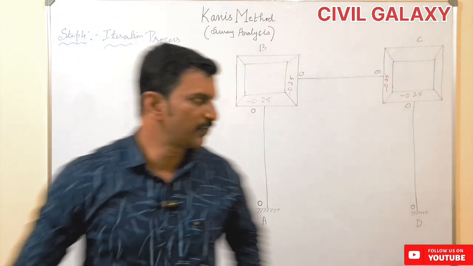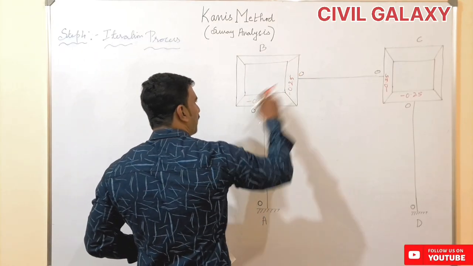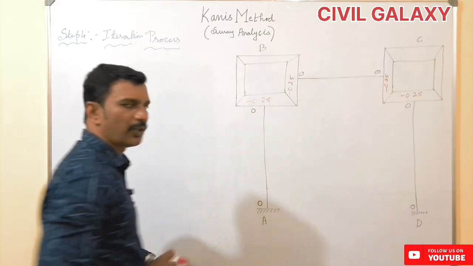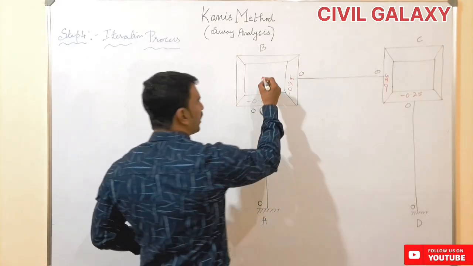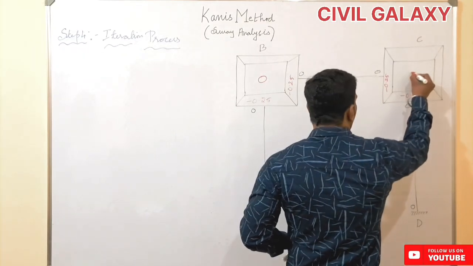So after representing this one, inside this particular box we have to write the summation of the fixed end moment. Since the fixed end moment are 0 about all the members over here, the summation of fixed end moment also will be equal to 0 over here.